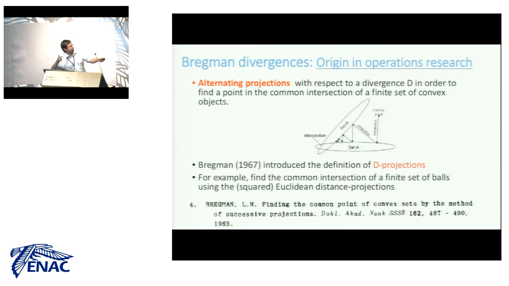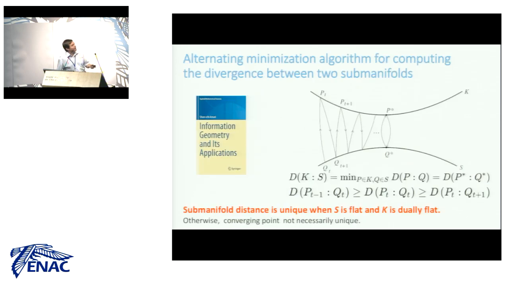So after the second constraint, if I have 2 objects, I go back to the first object like that. And in the limit, of course, it is only in the limit that you reach a point that is in the common intersection. We know for Euclidean distances that it worked, and people were asking whether there are some other dissimilarity measures or projections according to some distance by minimization. If that worked, Bregman divergences were introduced in that context in the 60s.